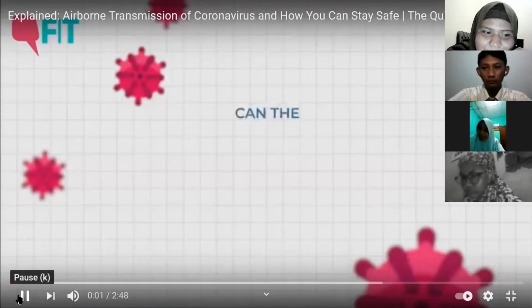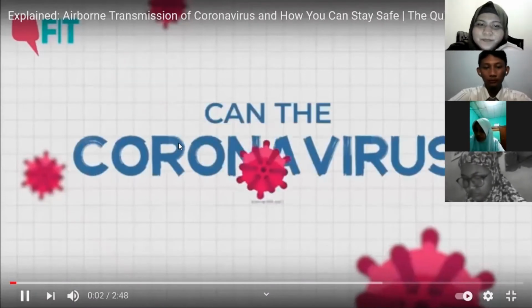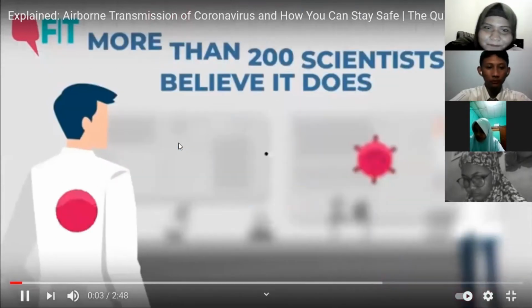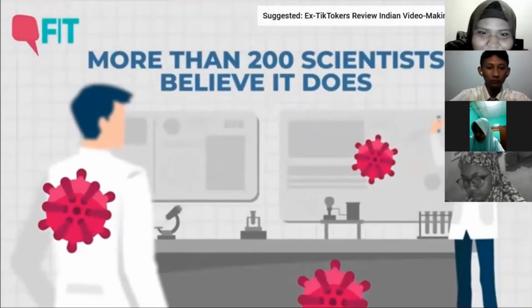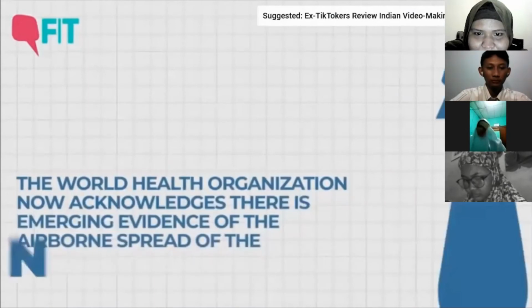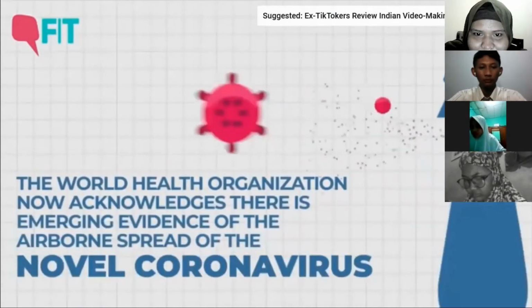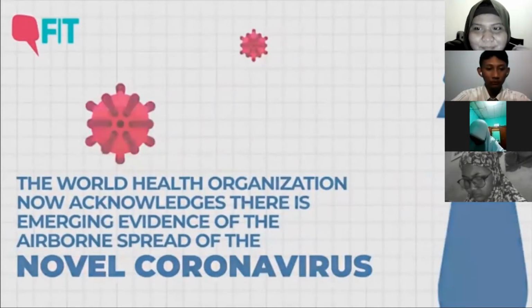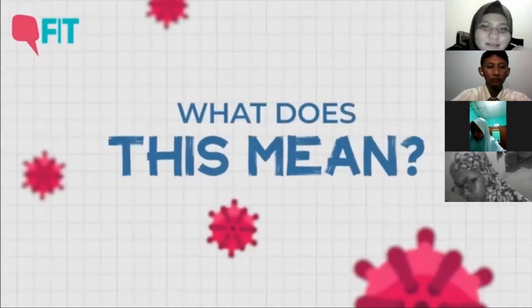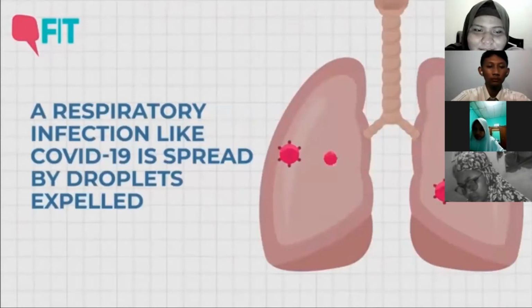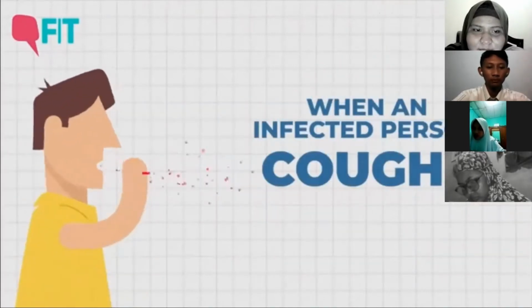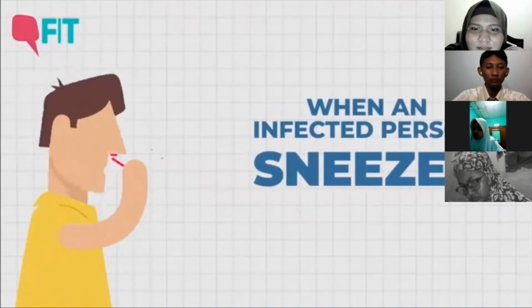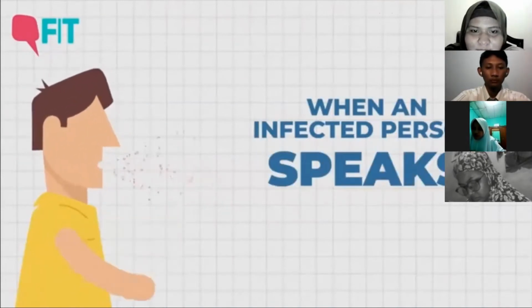Can the coronavirus stay in the air? More than 200 scientists believe it does. The World Health Organization now acknowledges that there is emerging evidence of the airborne spread of the novel coronavirus. What does this mean? A respiratory infection like COVID-19 is spread by droplets expelled when an infected person coughs, sneezes, or speaks.